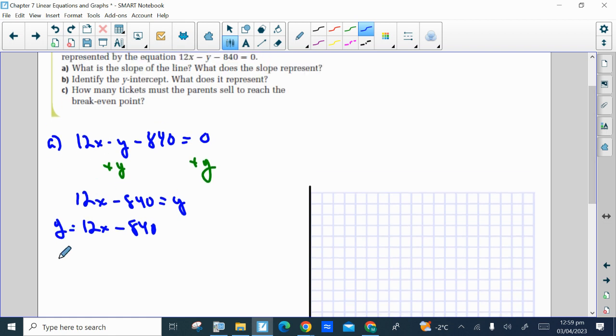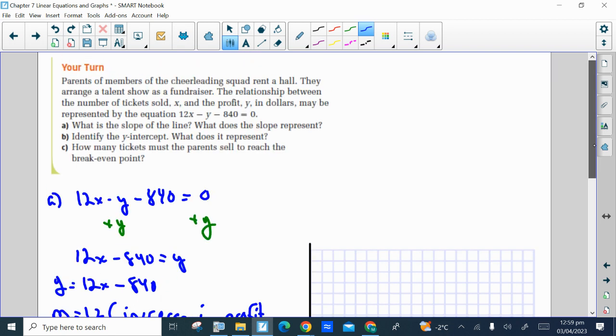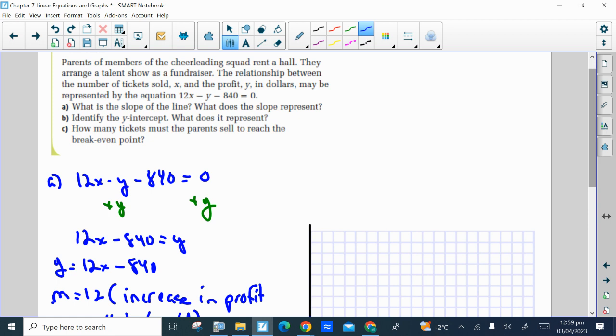So m, the slope, is 12, which is the increase in profit per ticket sold. Slope, remember, is the rate of change. And in this case here, Y, we are told, is their profit. X is the number of tickets sold. So Y is increasing by $12 for every new value of X, for every ticket sold.